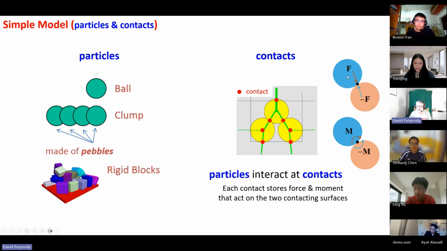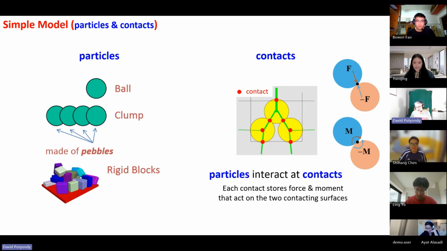So the red guy is pushing, so this orange particle is being loaded by that red force. And meanwhile, this blue particle is being loaded by this blue force. And these are equal and opposite. Okay. And every contact always has forces equal and opposite that are acting.